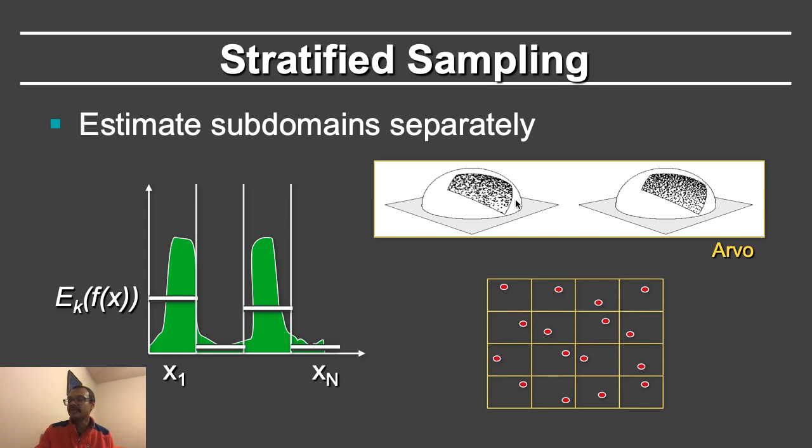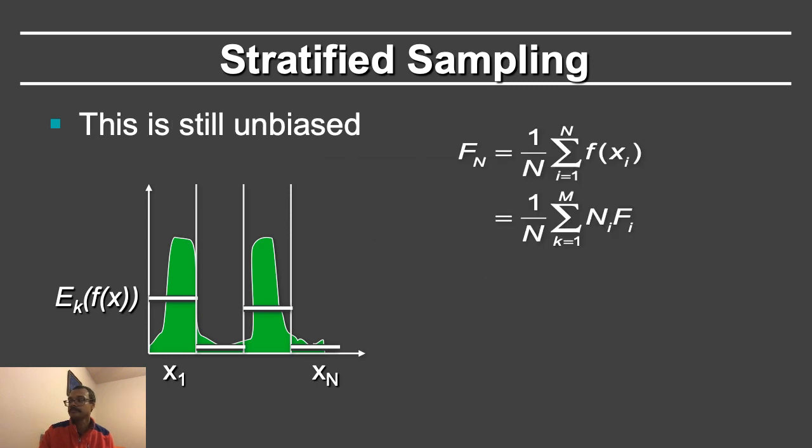These images are from Arvo, where he shows how to do stratified sampling over an arbitrary spherical polygon. Note that stratified sampling is unbiased because one is simply estimating each subdomain separately, and if the estimate on each subdomain is unbiased, then the net result is unbiased.